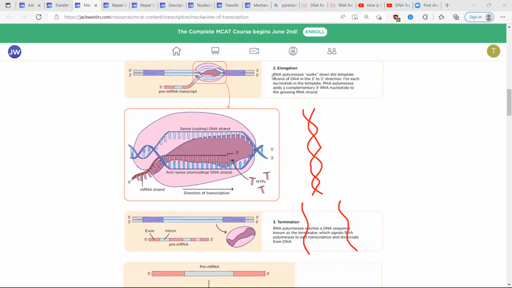Why is it doing this? To 2 new strands. Oh, whoa, why can I not draw here? What's going on? Okay, there we go. To 2 new strands.